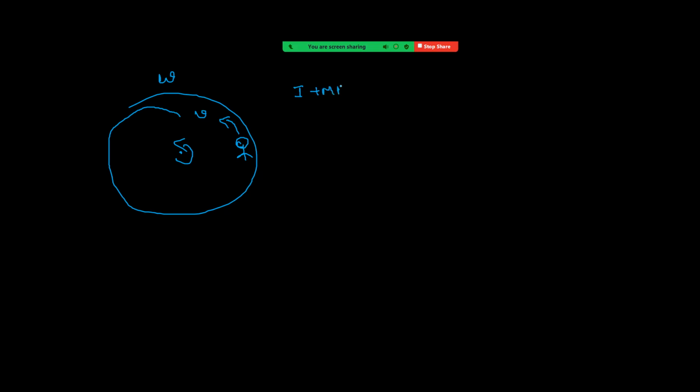The disk, meaning the platform, is rotating anti-clockwise with given omega. Now the boy walks, also anti-clockwise, with a velocity v relative to the platform. So see what happens to the angular momentum. Initially the boy was at rest with respect to the platform, so I write I plus M r square into omega.